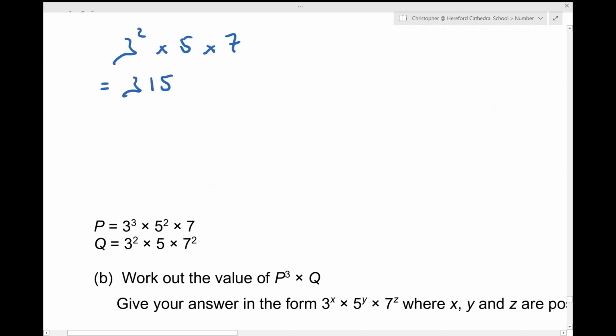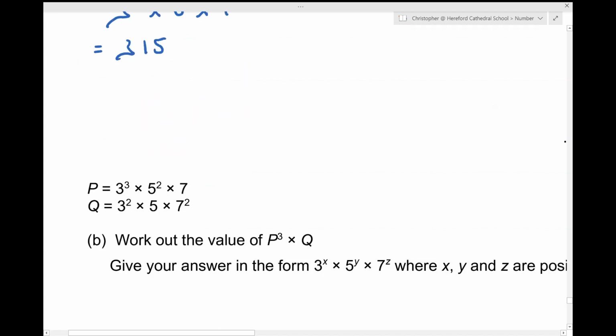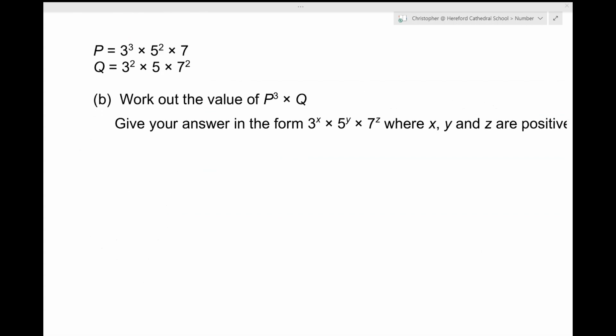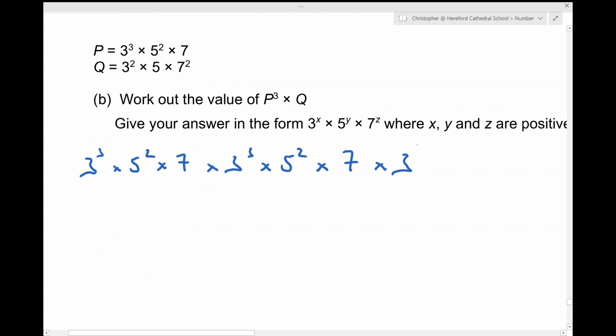Right, for b, work out the value of P cubed times Q. So I've got P cubed, which is going to be 3 to the power of 3 times 5 squared times 7, and that's cubed. 3 to the power of 3 times 5 squared times 7, and times itself again. 3 to the power of 3 times 5 squared times 7.